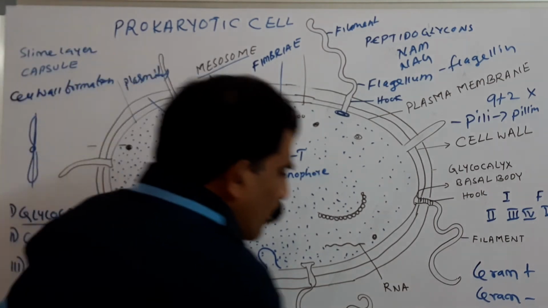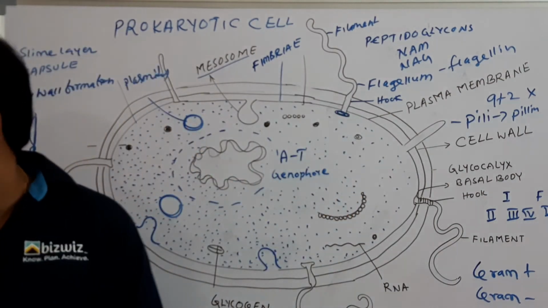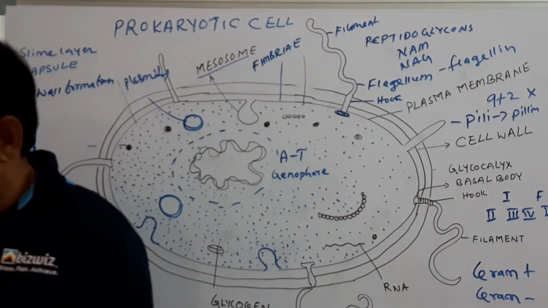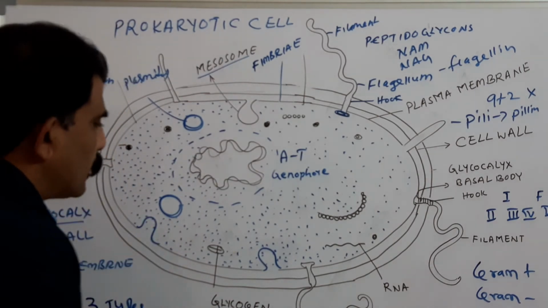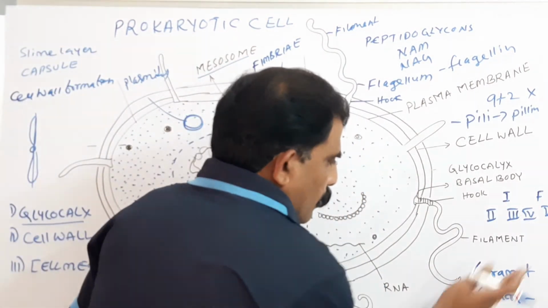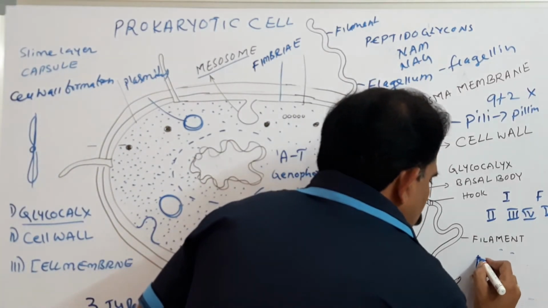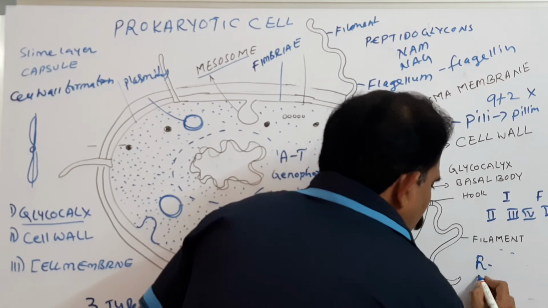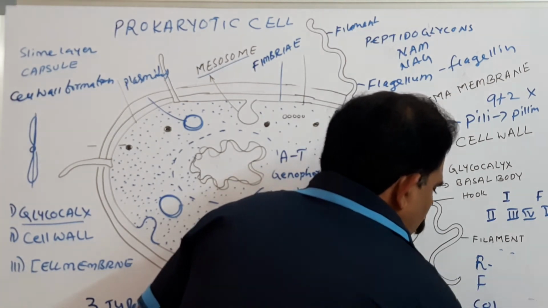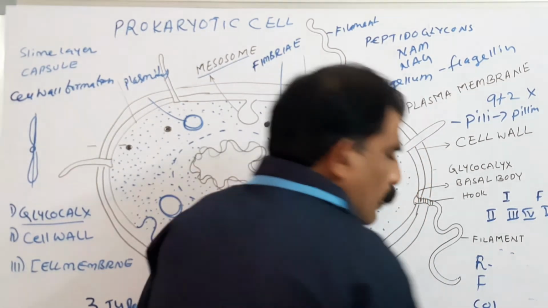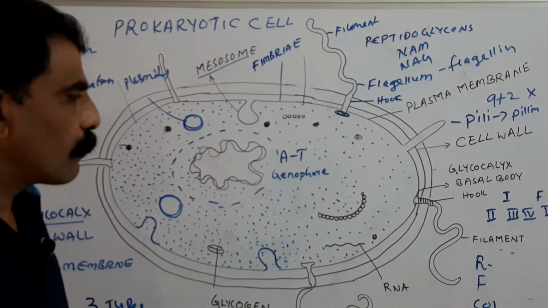Plasmids are of various types: R plasmids, F plasmids, Col plasmids, and Ti plasmids.